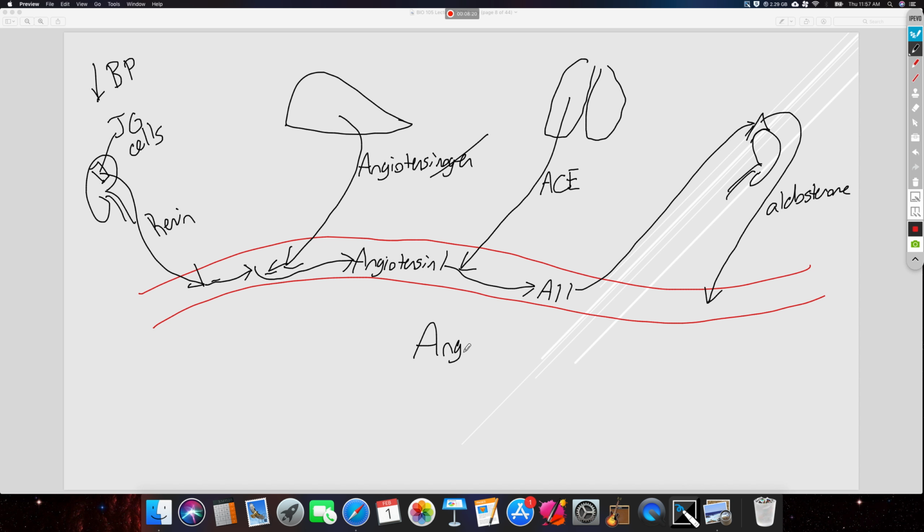So angiotensin 2, by itself, is a potent vasoconstrictor. We know that it stimulates the release of aldosterone.